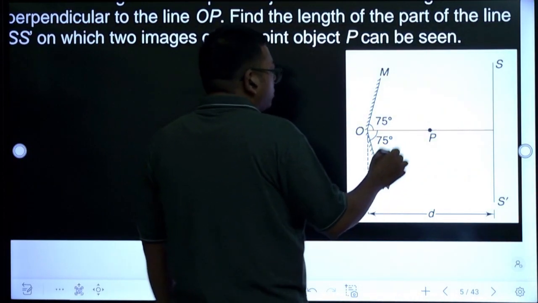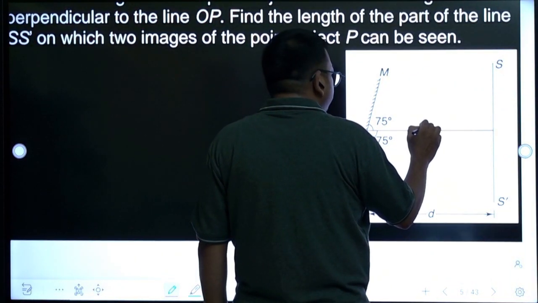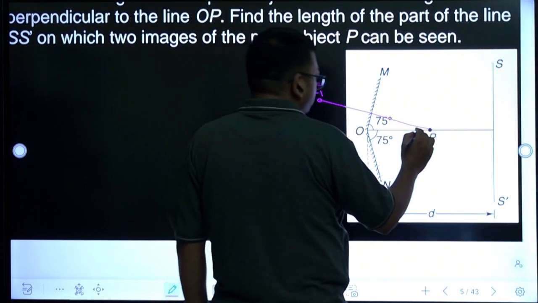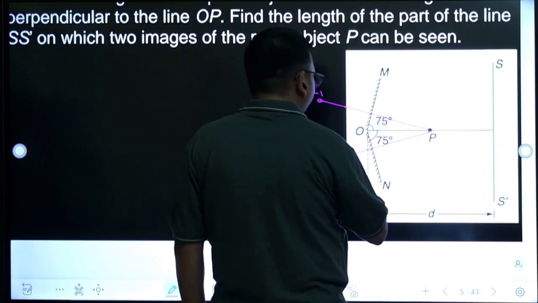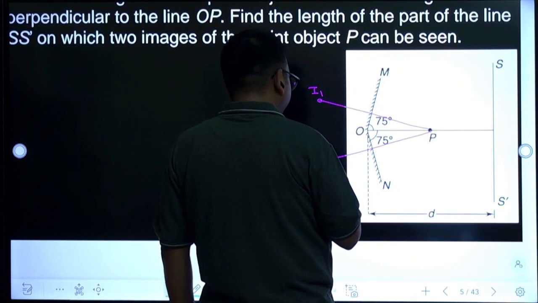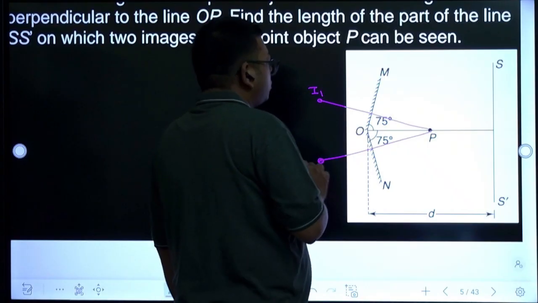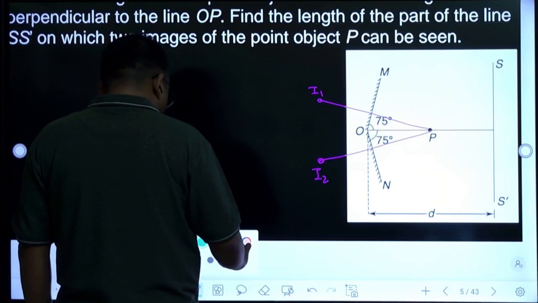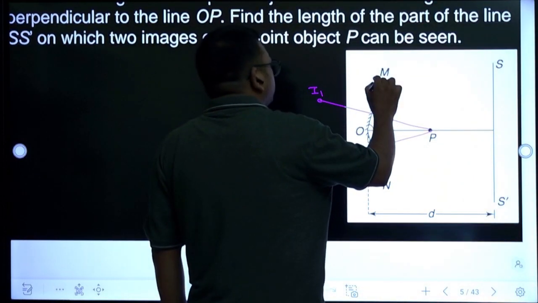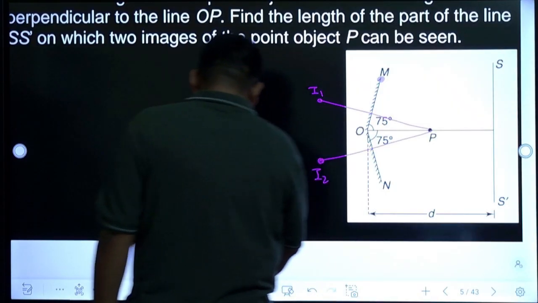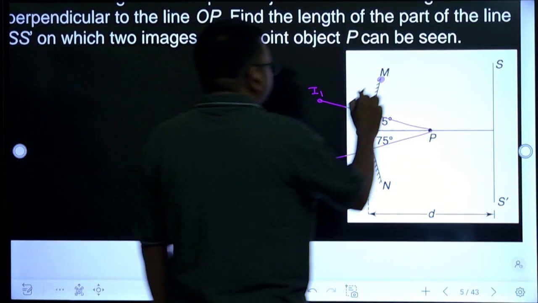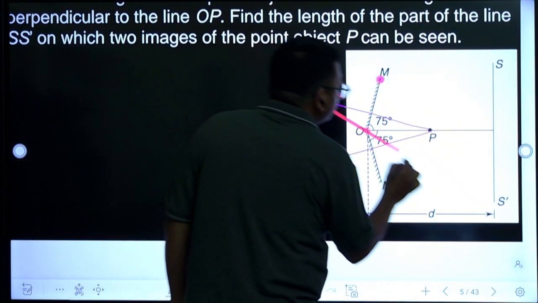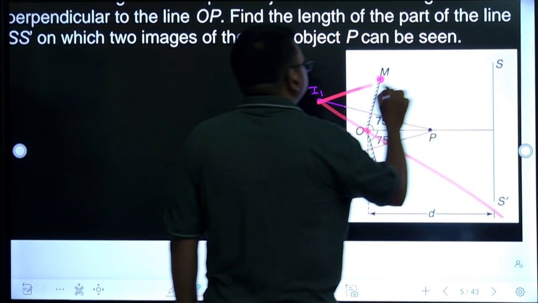Okay. So the idea will be that when you take a perpendicular here like this, this will be the first image. Similarly, when you take a perpendicular here, this will be your second image I2. These two images are there. Now you need to connect this end of the mirror and this end of the mirror with this line. You need to construct like this.